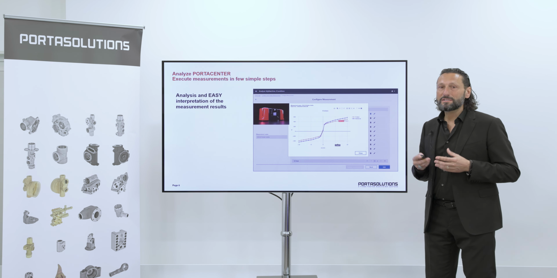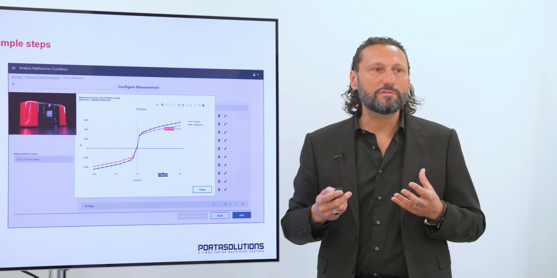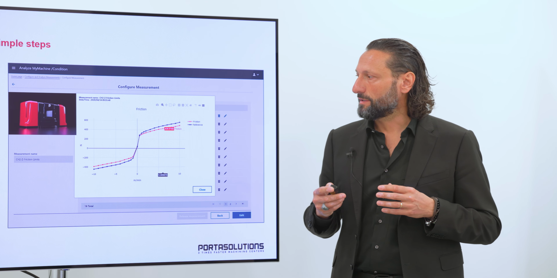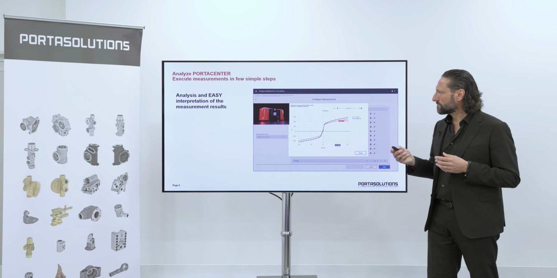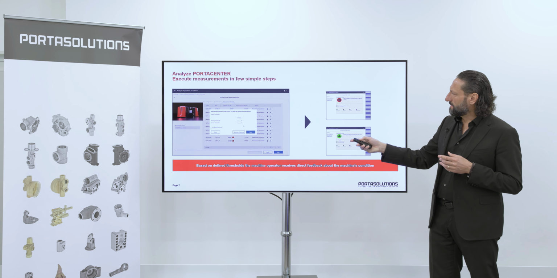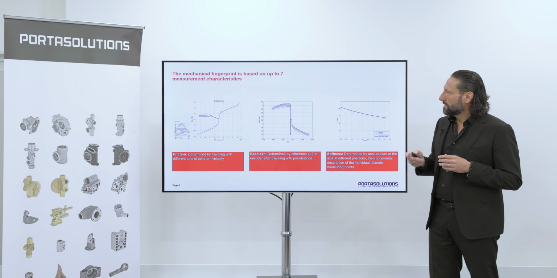It's very easy to understand. Like I said, there are no particular skills or training needed to do this, because it's very graphical, simple with colors, and very easy to use.